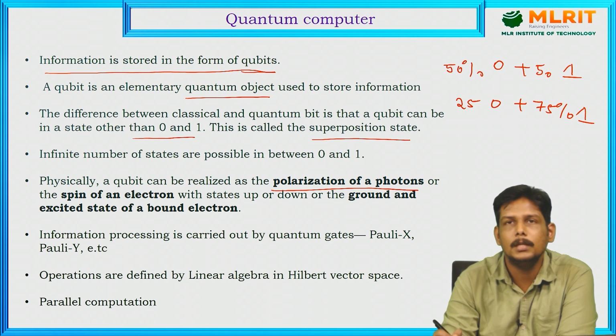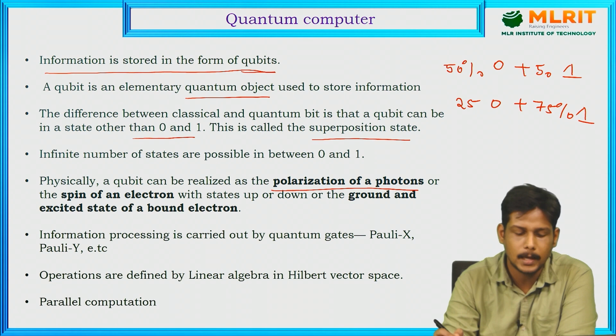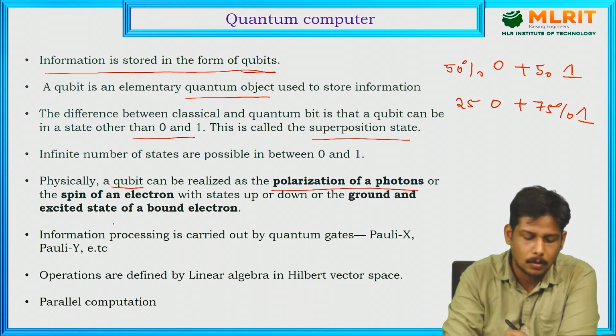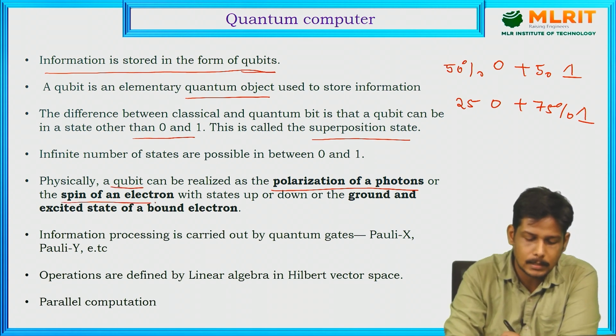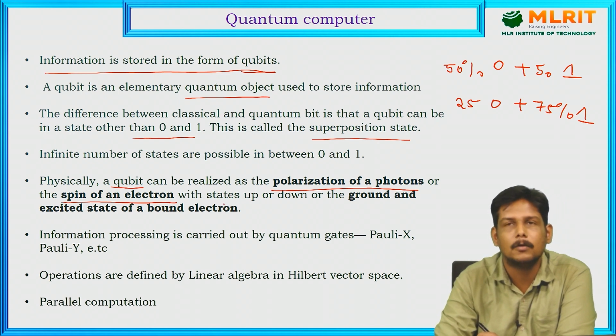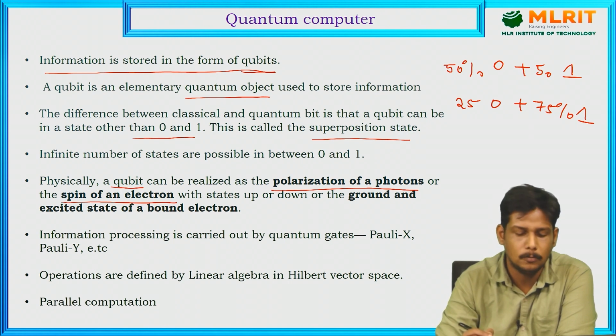In between 0 and 1, whatever the polarized states, they act as a qubit. Now, a second example is the spin of an electron. Spin can be in a clockwise direction or an anti-clockwise direction. So it will be a 0 state and a 1 state. In between clockwise and anti-clockwise spinning, we get a qubit.